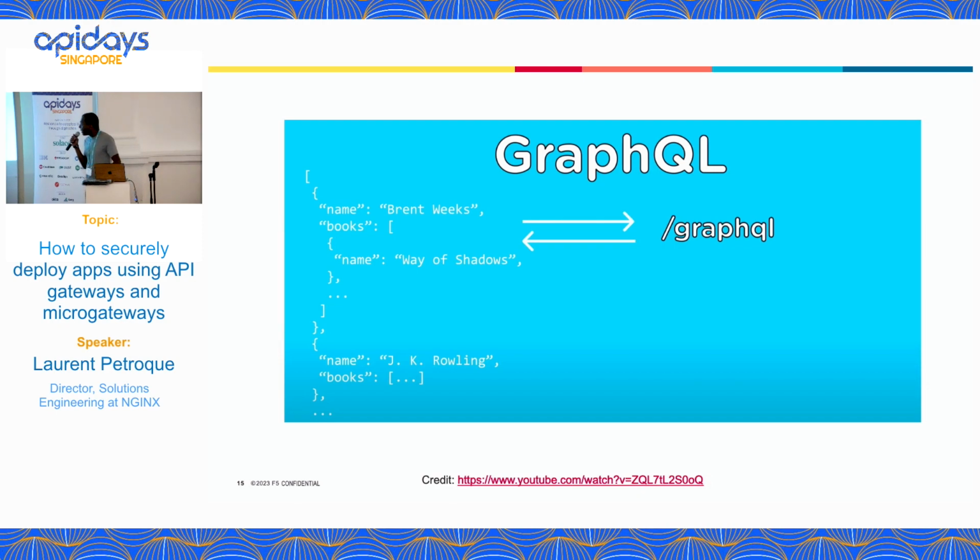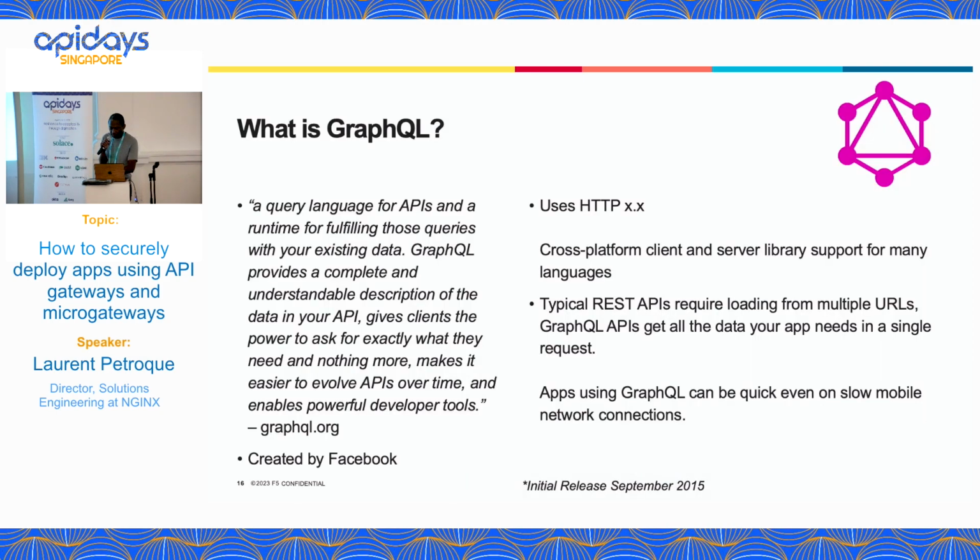GraphQL, a little bit different. Same exposure through HTTP, one endpoint, and inside that endpoint, the query would make it more specific. So there is an uptake, as I said, on GraphQL, and not everybody knows about it, but this API protocol has been developed and pushed by Facebook, and been made available in September.